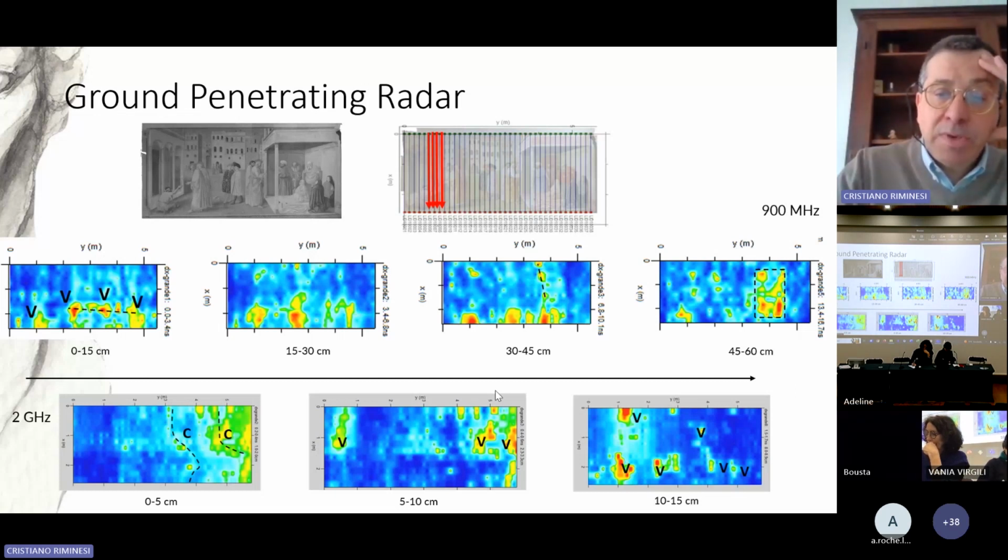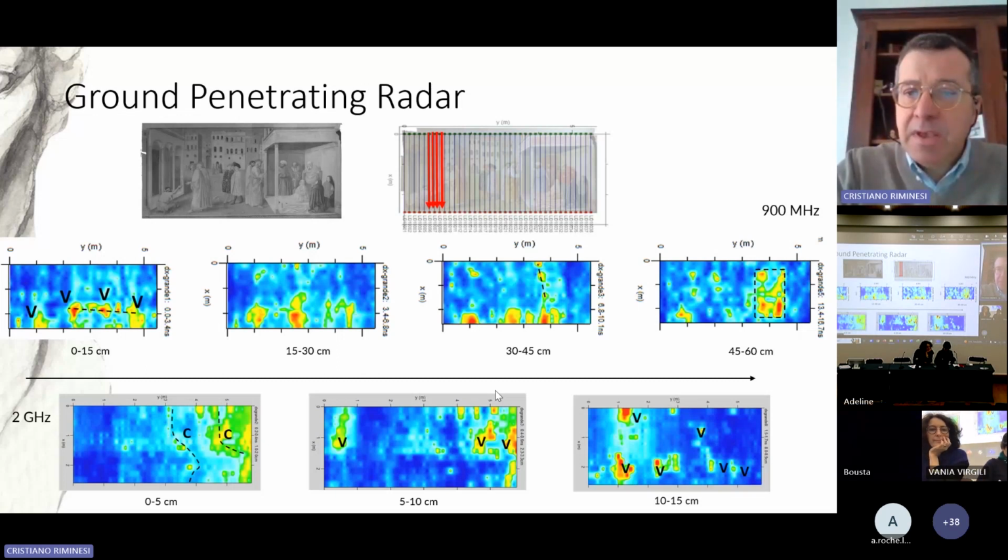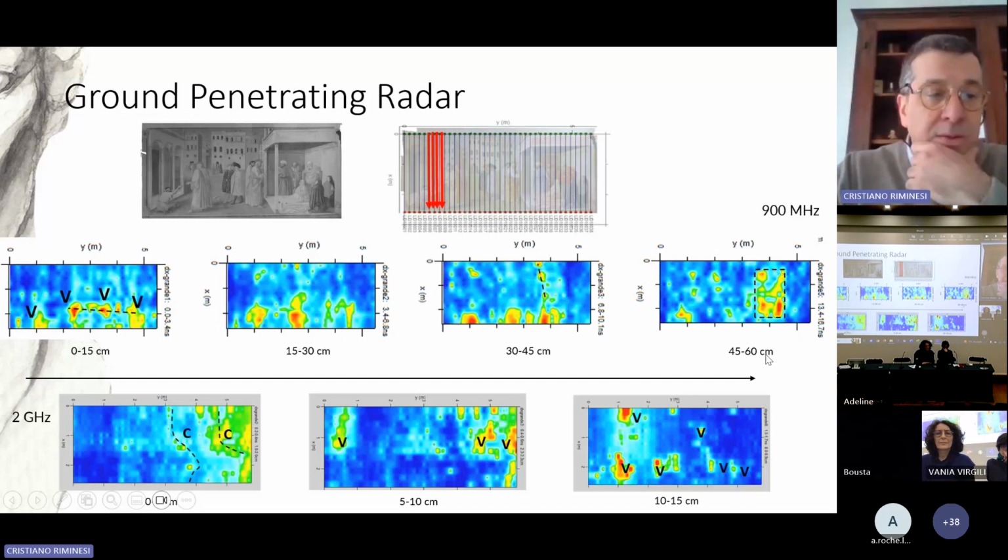In this case, we used two kinds of ground penetrating radar operating at two different frequencies, 900 megahertz and 2 gigahertz, because with the first one we can go deeper, up to 60 centimeters in depth.